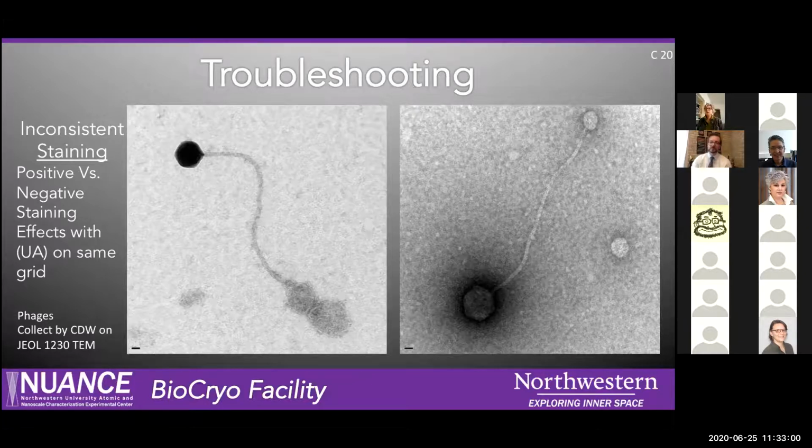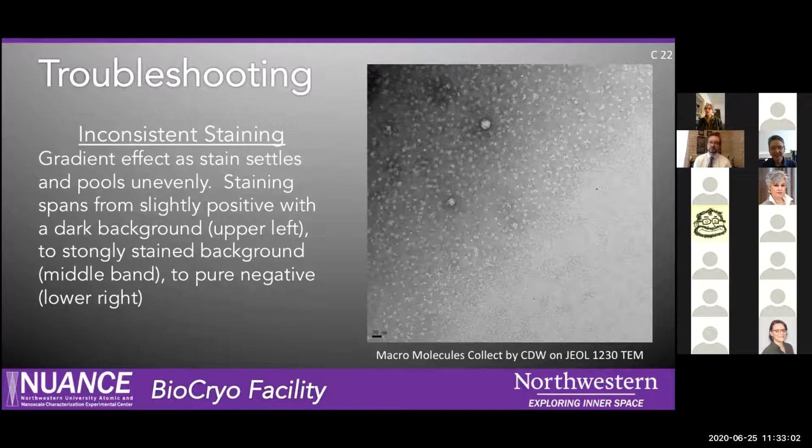The next troubleshooting we're talking about is inconsistent staining. Just because it looks bad, when I'm evaluating, I like to go to dark areas. You'll notice in the upper left-hand corner of this image, it's pretty dark, and the ultrastructure of the sample is really soft.